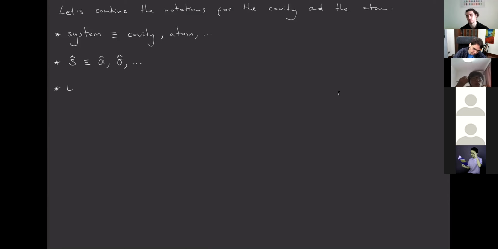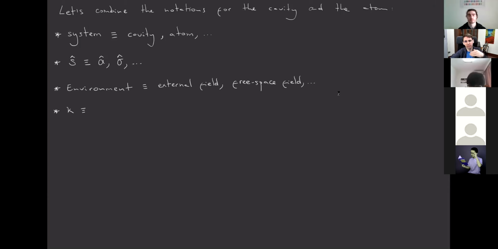Then we will call environment, as we have already done, to what we define as the environment for our system. In the case of the cavity, it is just the external field. In the case of the atom, it is the field in free space. And so on.